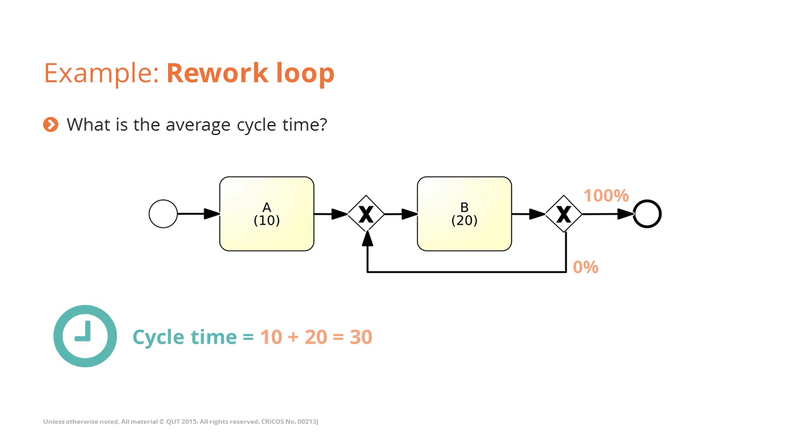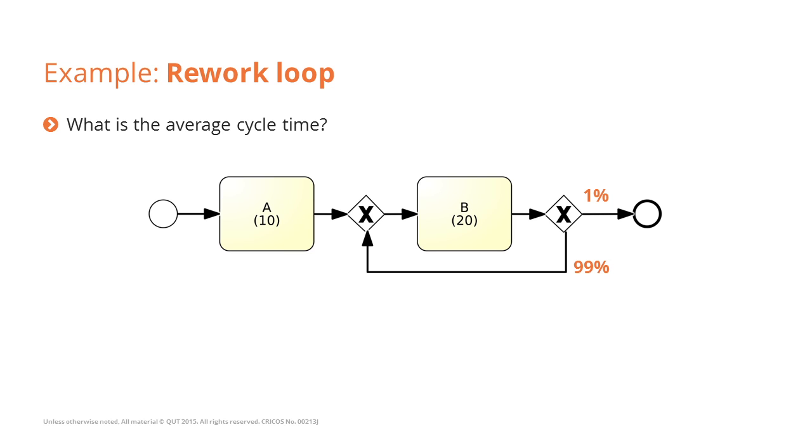Let me assume that the branch that goes out of the loop is performed, let's say not 100% of the times, but 1% of the times. Very, very infrequently. Most of the time I stay inside the loop. What happens then is that the cycle time of the rework loop explodes.